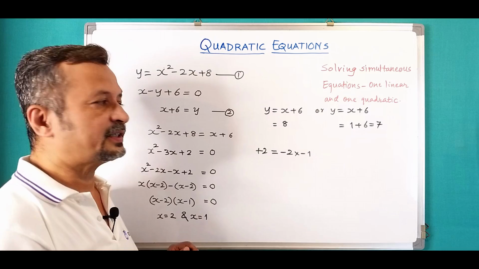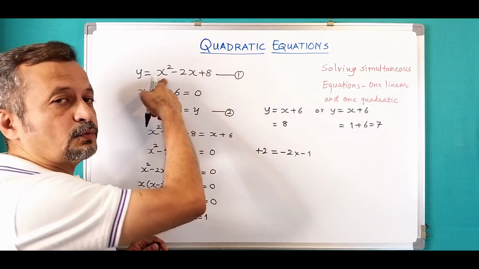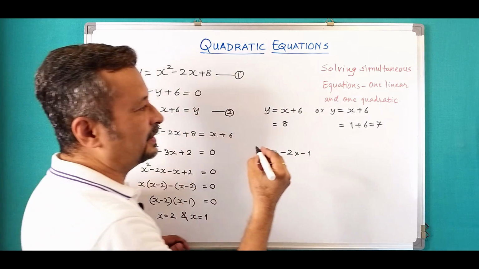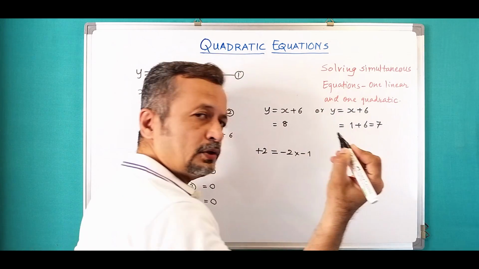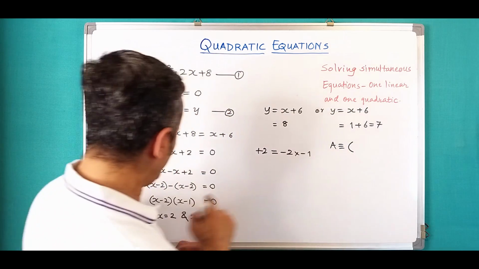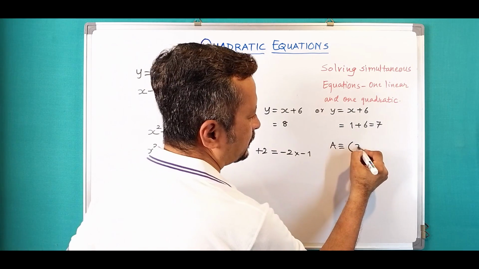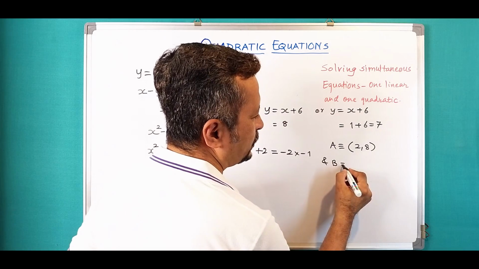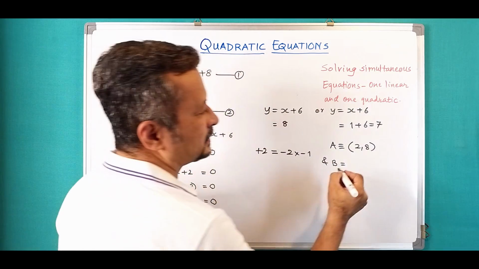So the points of intersection of this quadratic curve and this straight line, let's call those points A and B, are A equal to (2, 8) and B equal to (1, 7).